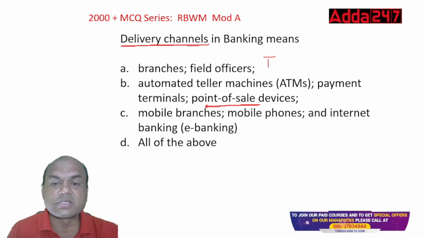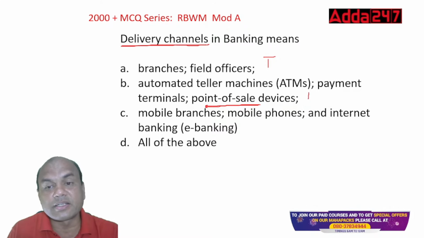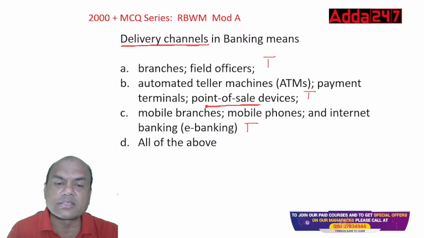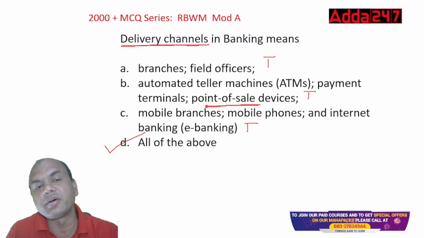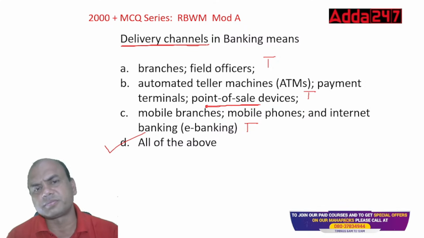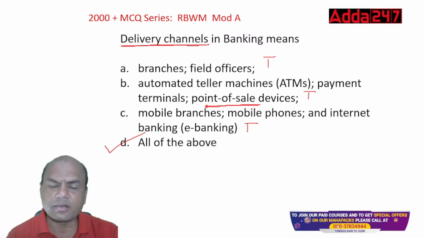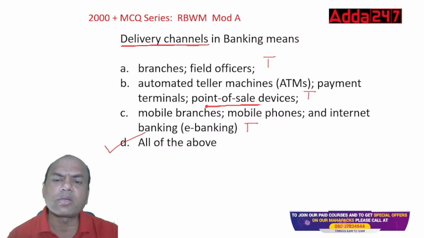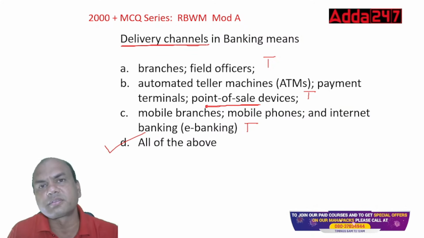These are POS machines. So is this a delivery channel? Yes, it is. Mobile branches, mobile phones, internet banking, all these are delivery channels. So the answer is D, all of the above. Delivery channels in the banking include all of the above. Okay, everyone clear? Now you'll say, how can a mobile bank or internet bank sell any product?